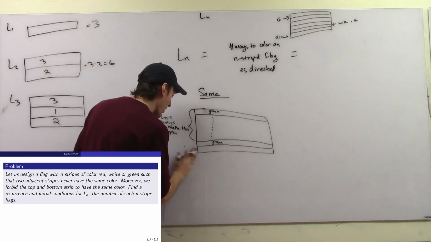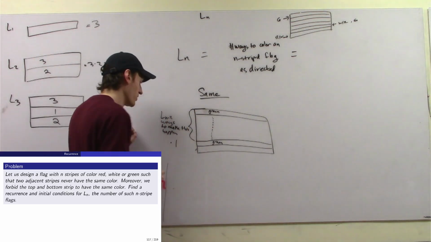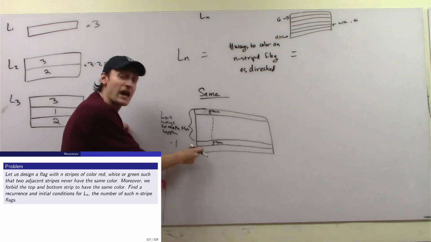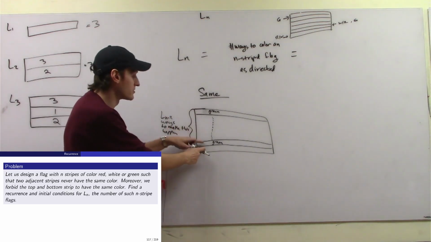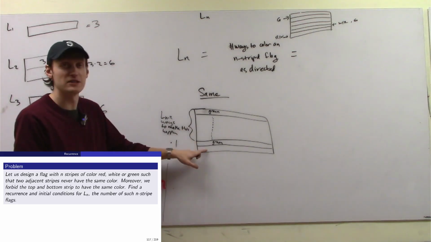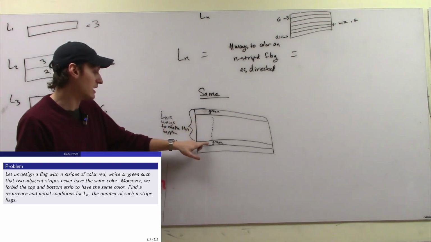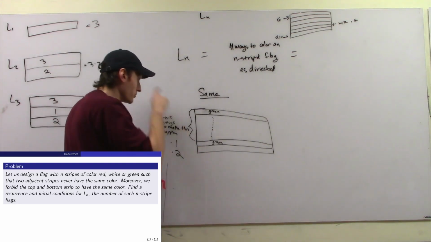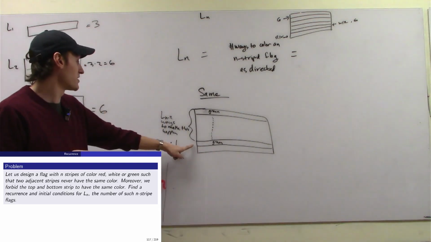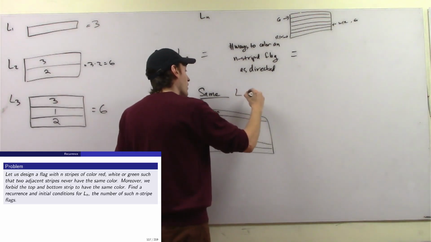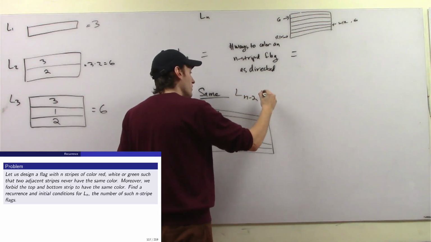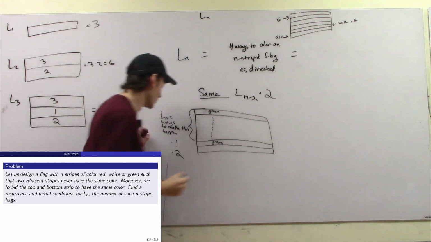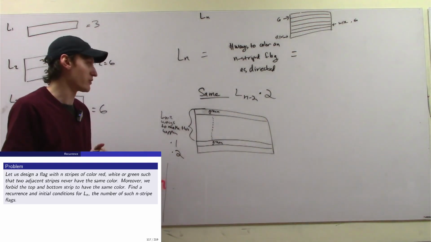So we'll multiply by 1 times 1, and then this row down here has to just be different from the top and the second from the bottom. So there's two ways to pick a color here. For instance, if this was green and this was green, this one could be red or white. So we have times 2. So based off the same, this should be L sub n minus 2 times 2, times 1, really, we have going on here.